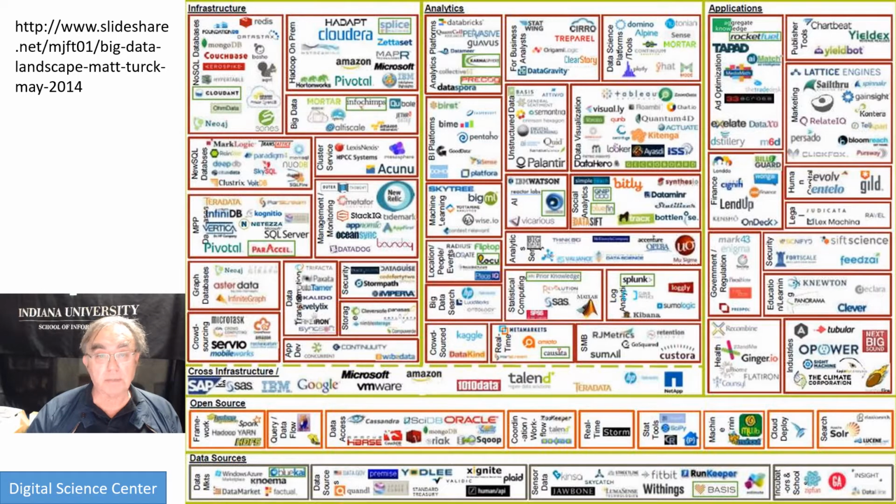Here we see a beautiful mosaic of various cloud things from companies, capabilities, and services. Here we have NoSQL databases, management and monitoring, Hadoop, and so on, and various analytics.